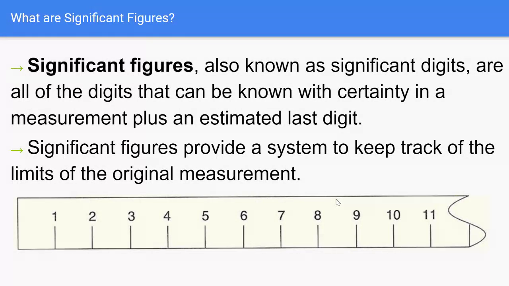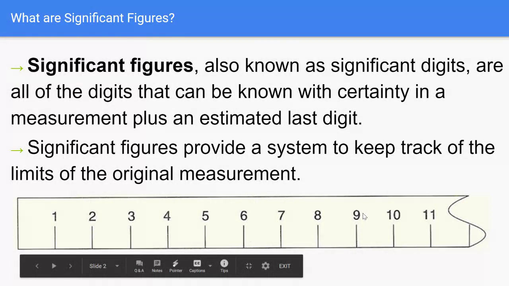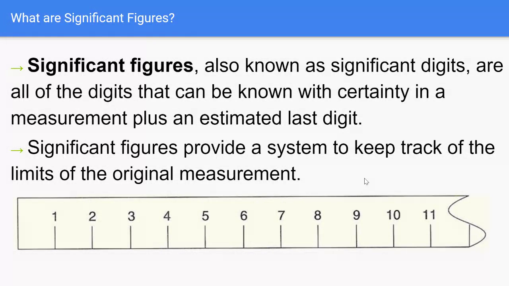So here would be like 8.5. Here might be like 9.1, but we can estimate that last digit. And we always are going to continue using significant figures, even if we do problems involving data that we've taken, because we want to keep track of the limits of what our original measurement was.